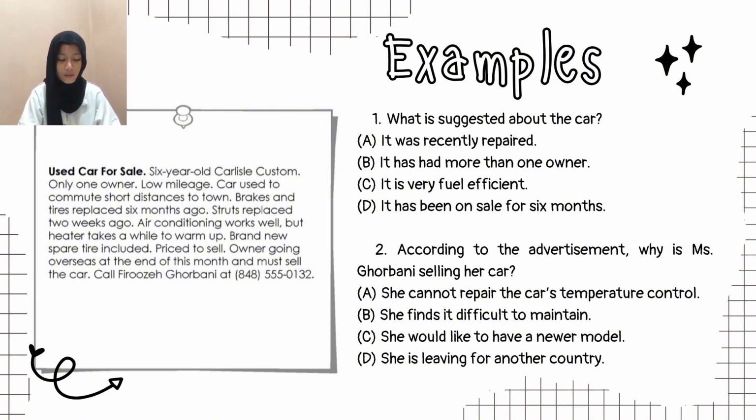D, she is leaving for another country. Just like what I said before, it is already listed in the last two sentences of the text: owner going overseas at the end of this month and must sell the car. So the correct answer is D, she is leaving for another country.